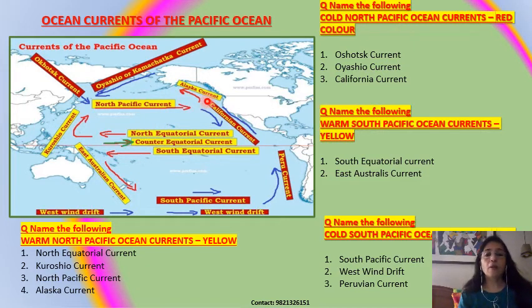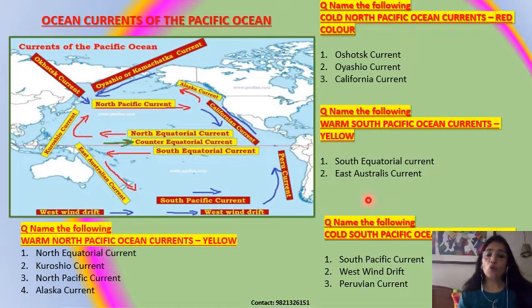Red in color. The Oyashio current here, the Okhotsk current. Then the Oyashio or Kamchatka current, very important current. And the California current, towards the coast of California it flows. These 2 are going to bring cold water. Something interesting is going to happen here. These are going to flow and turn into a cold current, back into a warm current.